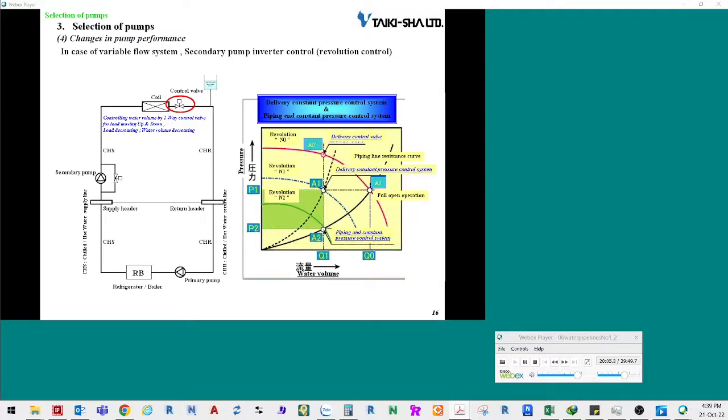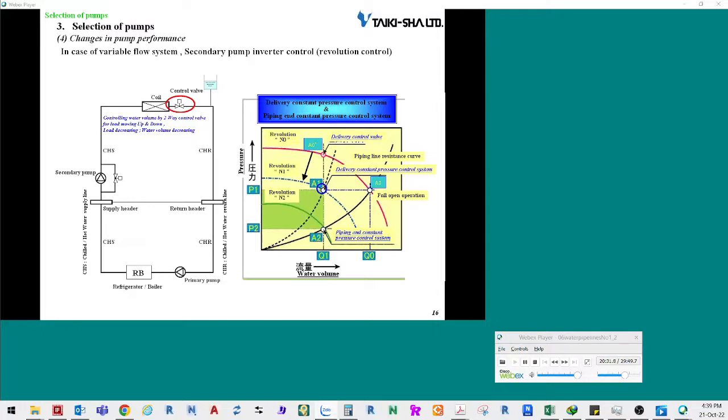Inverter control methods are divided into constant discharge pressure control and constant terminal pressure control. Constant discharge pressure control is the method used to keep the discharge pressure constant. The revolution speed shifts from point N0 to point N1, and the operating point shifts from point A0 to point A1.